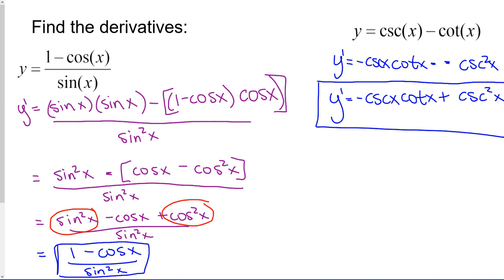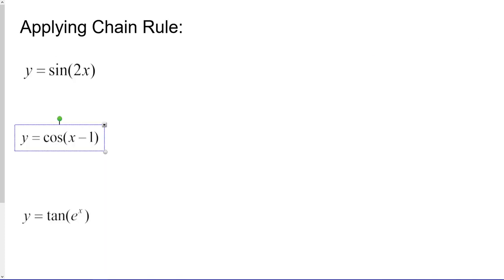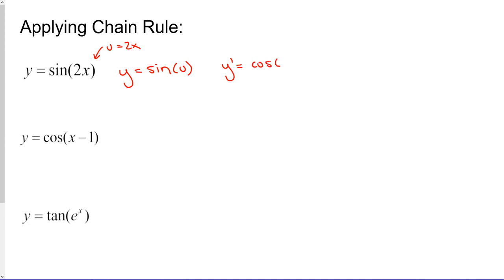Okay, if we can remember those derivatives, it really does make our life a lot easier. You may be thinking, we've done some product rule, we've done some quotient rule. Can we guess what's next? If you guessed chain rule, then yes, you did. It's going to work the same as every other derivative that we've ever done. In this case, you can set u to be equal to 2x, so that y is sine of u, so that y prime is cosine of u times du.